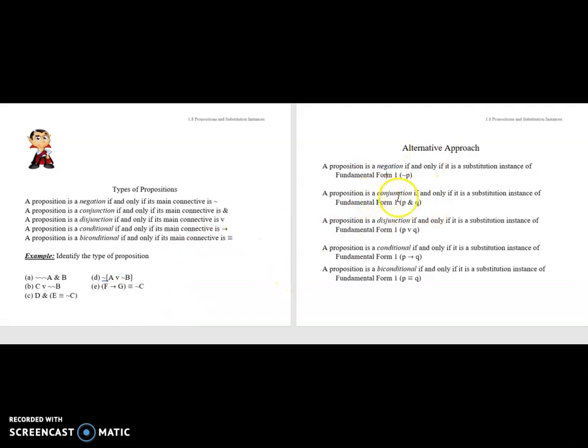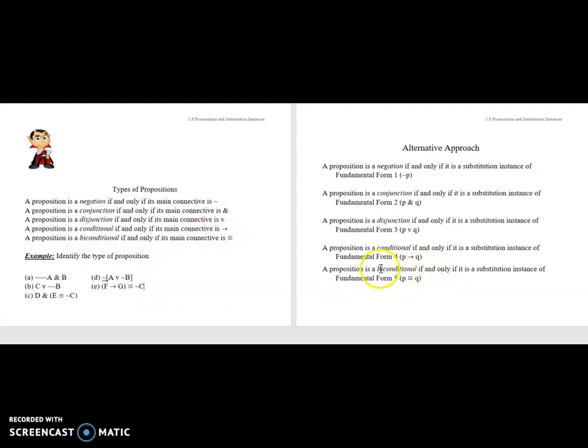And that's the point. And if you're a substitution instance of fundamental form 2, fundamental form 3, fundamental form 4, or if you're a substitution instance of fundamental form 5, then and only then are you a biconditional, right? So E here, notice its main connective, defined this way, is tribar, therefore it's a biconditional.